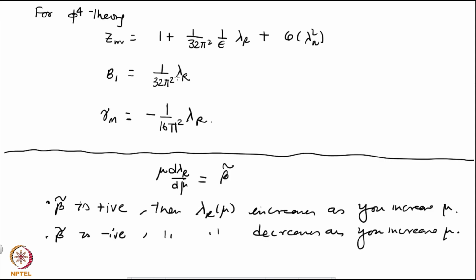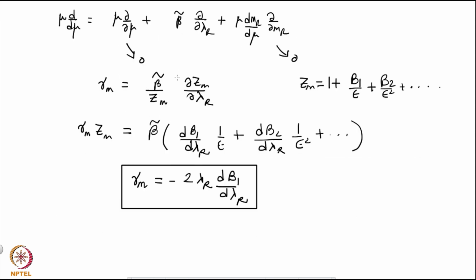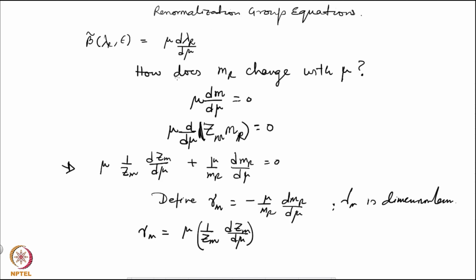Okay, let's continue our discussion on renormalization group equations. So far we have looked at the equations that govern the evolution of the coupling constant as you change the scale mu, where mu is the renormalization scale. That is governed by the beta function.